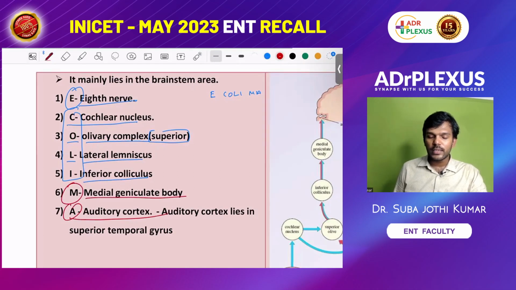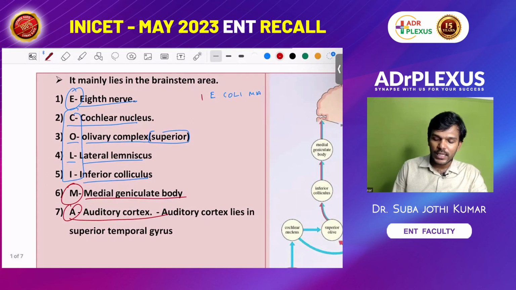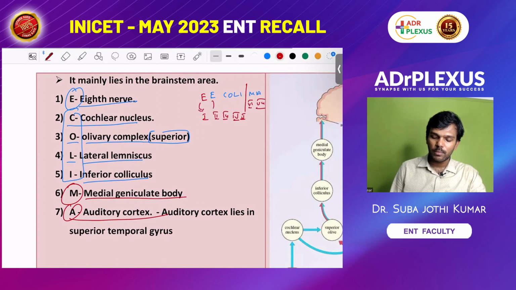If you remember in this same pattern with another E added to this, E COLIMA, you will get 1, 2, 3, 4, 5, then 6 and 7. So E proximal part, distal part, cochlear nucleus, olivary complex, these both together.